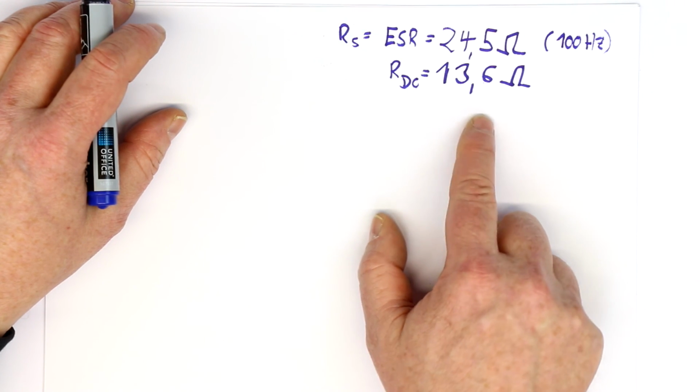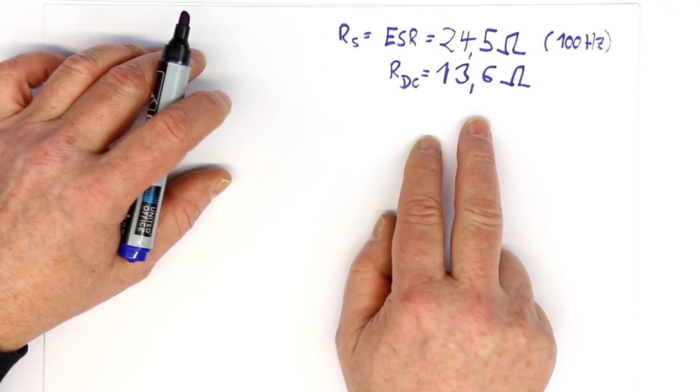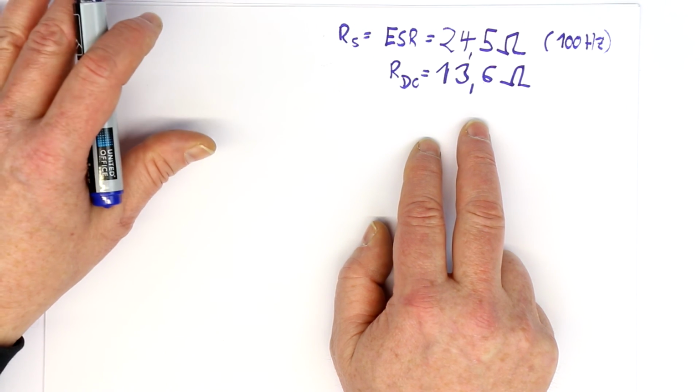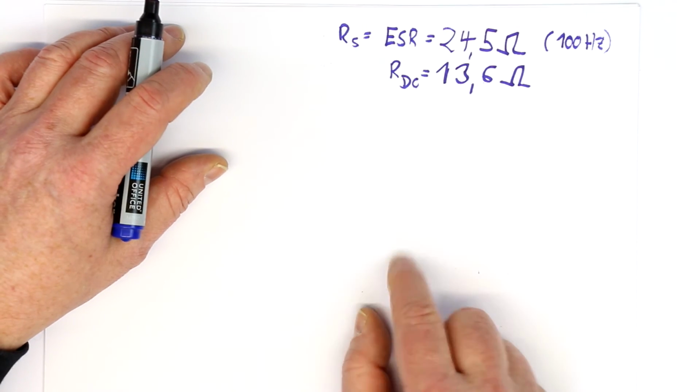So now, what's the right value to calculate with, and how does this influence our still missing open circuit voltage? And what can we do with two values?